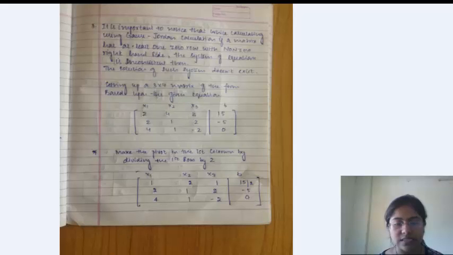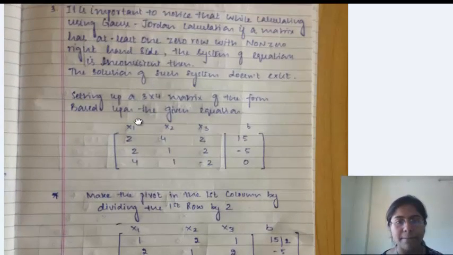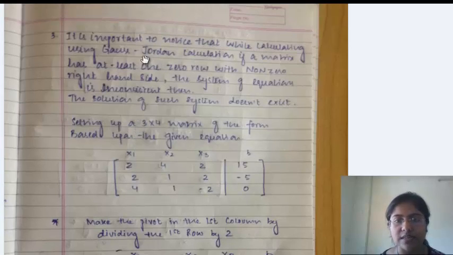And the third step is, like you can see, it is important to notice that while calculating using Gauss-Jordan calculation, if a matrix has at least one zero row with non-zero right hand side, the system of equation is inconsistent. Then the solution of such system doesn't exist.